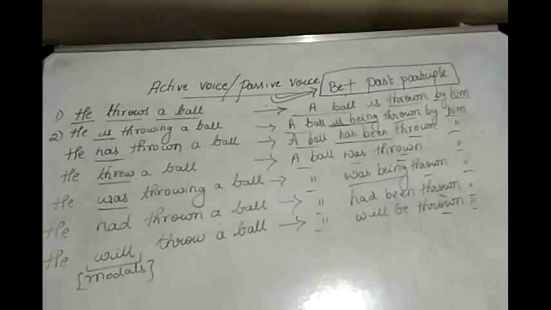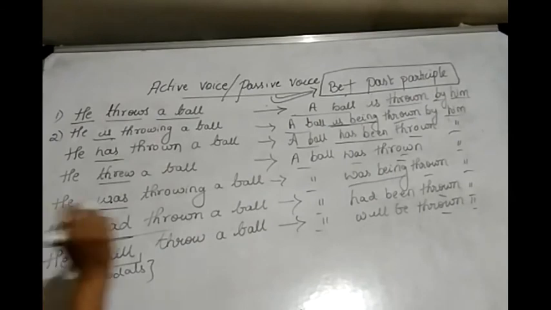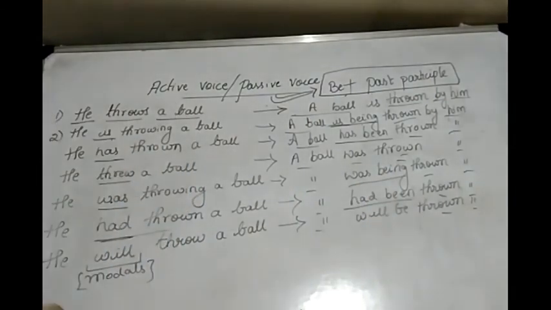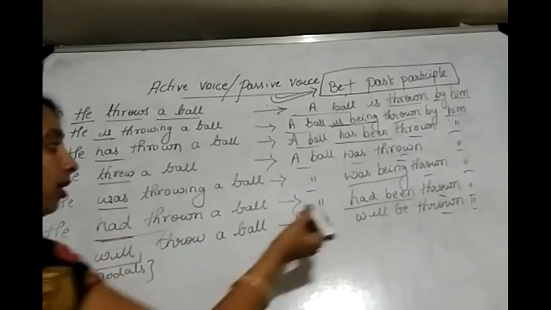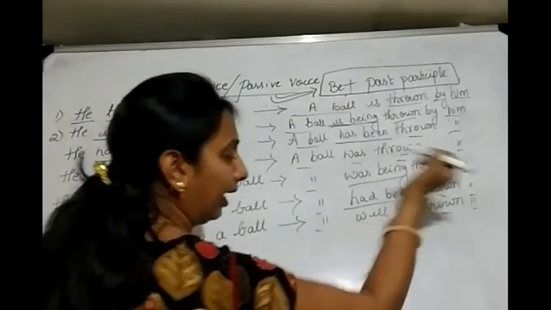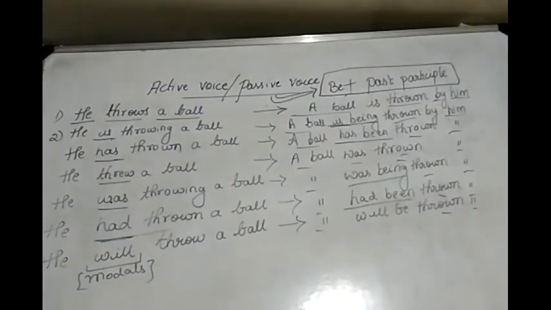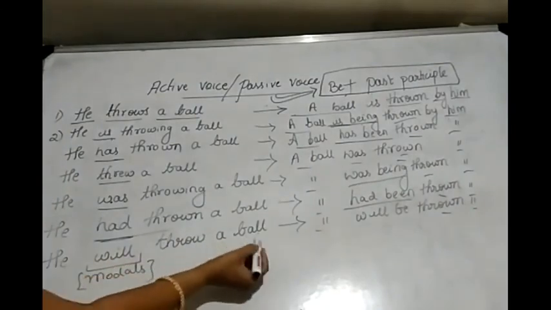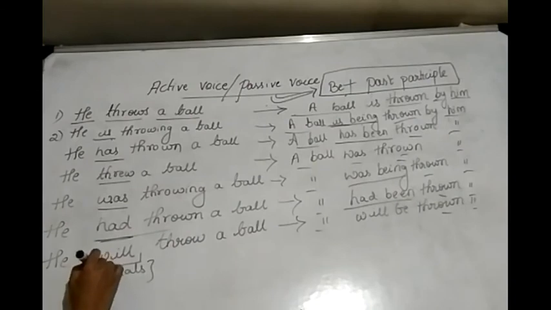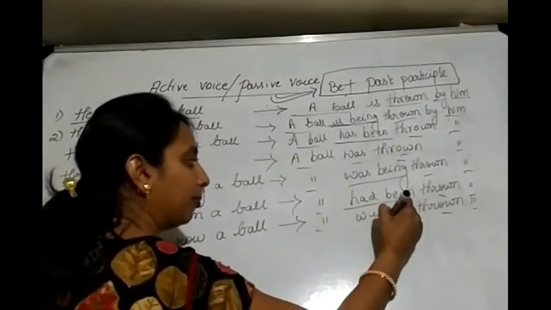Next sentence. He had thrown a ball. If had is there, what do we have to add? Can you remember? Had been. He had thrown a ball becomes a ball had been thrown by him. The next sentence, he will throw a ball. Whenever a modal is there, I told you to add be form.